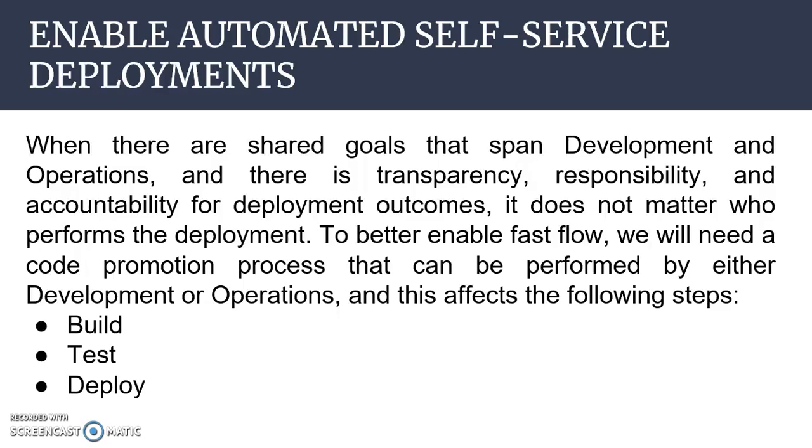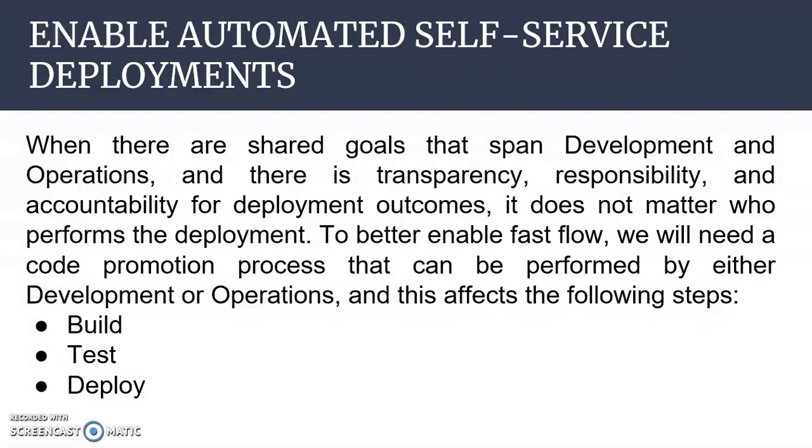Enable automated self-service deployments. When there are shared goals that span development and operations, there is transparency, responsibility, and accountability for deployment outcomes. It does not matter who performs the deployment. To better enable fast flow, we will need a code promotion process that can be performed by either development or operations. And this affects the following steps.